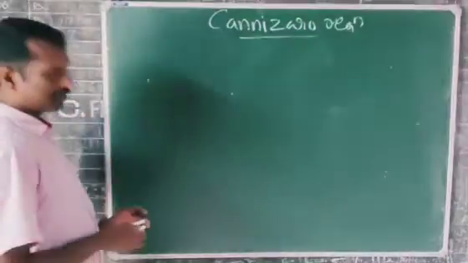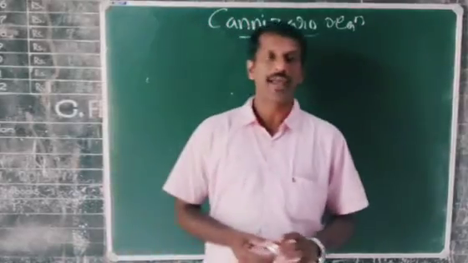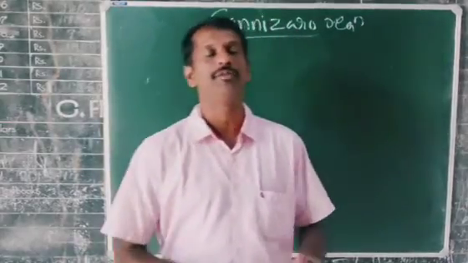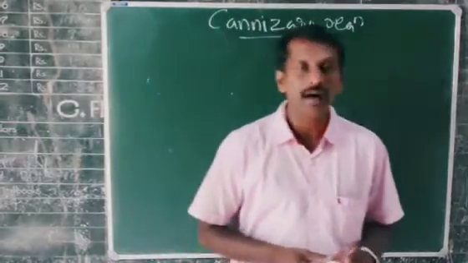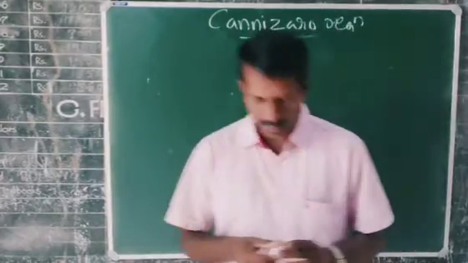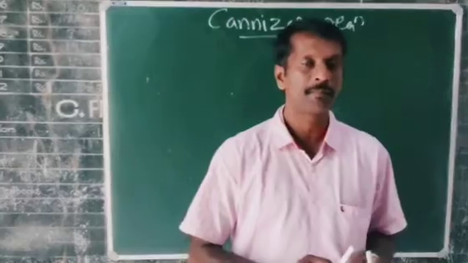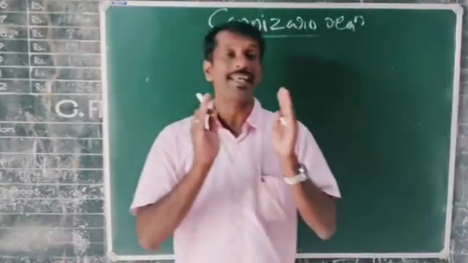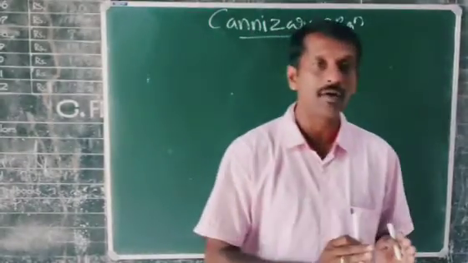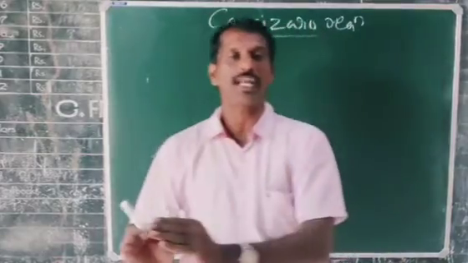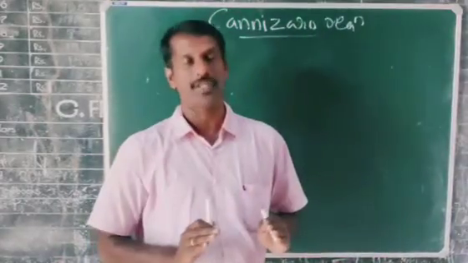This Cannizzaro reaction is a disproportionation reaction given by aldehydes which do not have alpha hydrogen. That means aldehydes which do not have alpha hydrogens, on treatment with concentrated alkali, will undergo self-oxidation reduction reaction.